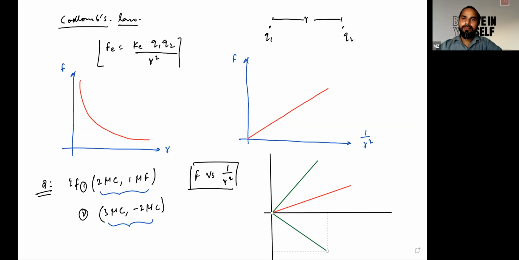Okay. So the green line is for which case? For the second case. This is your first case, this is your second case. If I have taken the vector relation, both graphs will be in the upward direction, as the polarity of charge in the vector term defines the direction only. But in the case of scalar, where we are just taking the magnitude only, we take the negative sign as well.